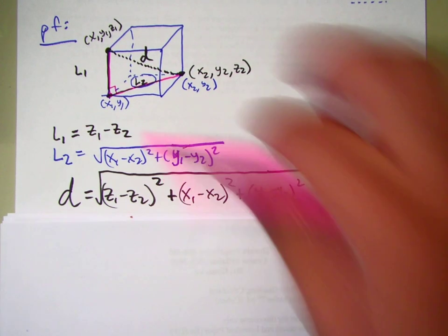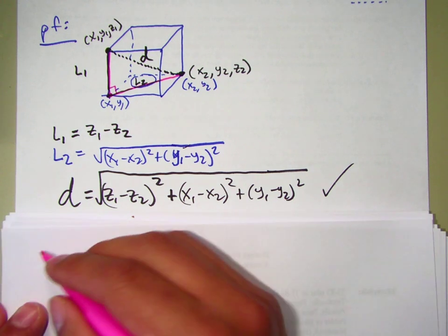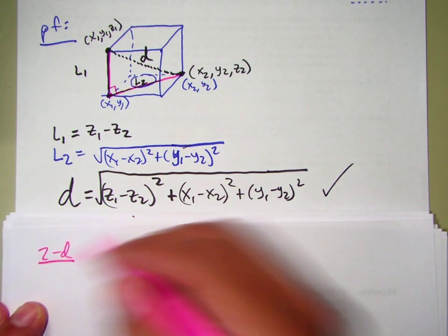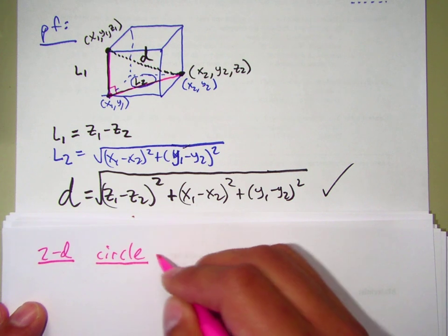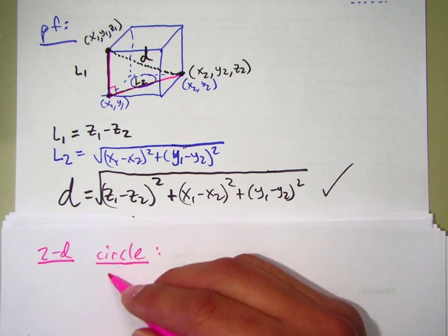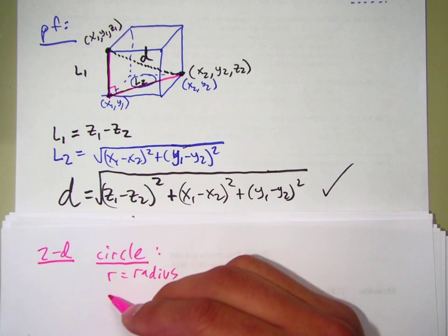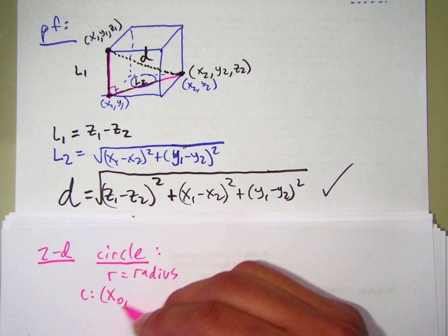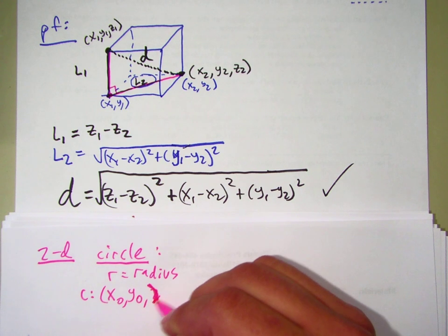Then just some added things, and then we'll talk about some graphing here. So in 2 dimensions, what was the equation for a circle with radius r and center at x naught, y naught?